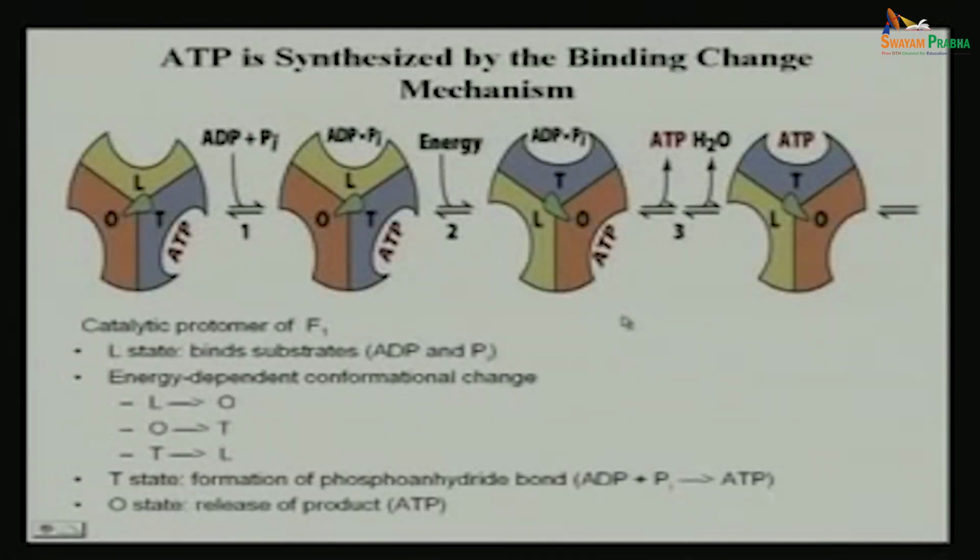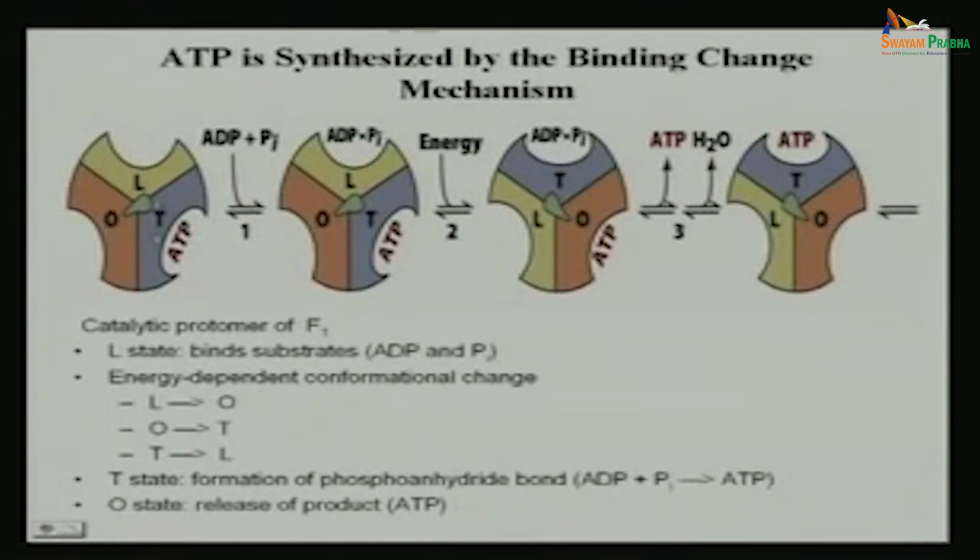Now, symbolizing this L form, T form and O form, we can find that the L form has substrate binding affinity, but catalytically it is inactive. That means it can only bind the substrate, but it does not have any catalytic activity.